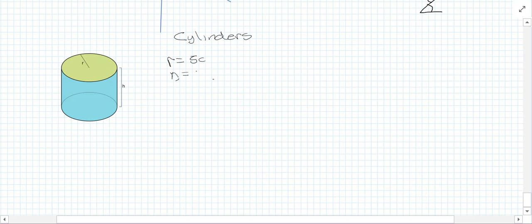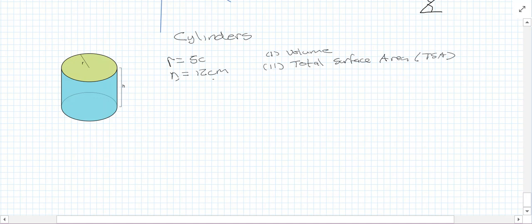If you're asked to calculate, let's say number 1, the volume, and number 2, what's called the total surface area, we'll just abbreviate that as TSA.